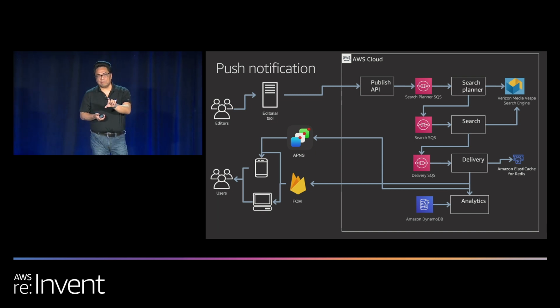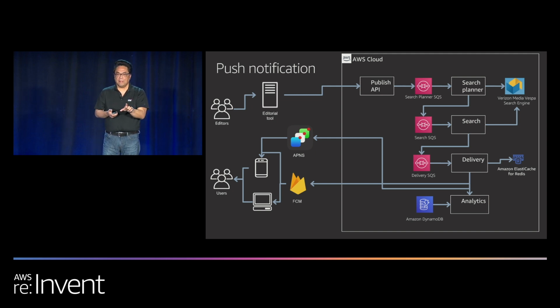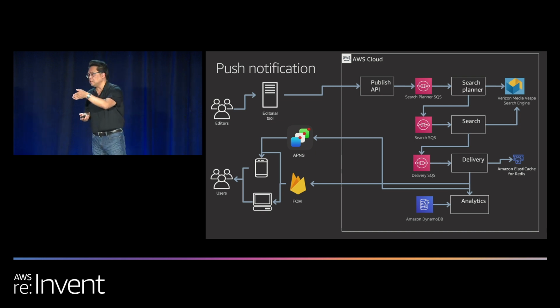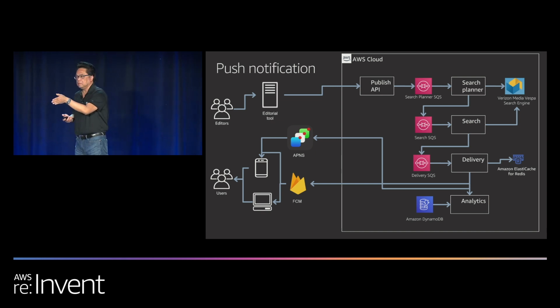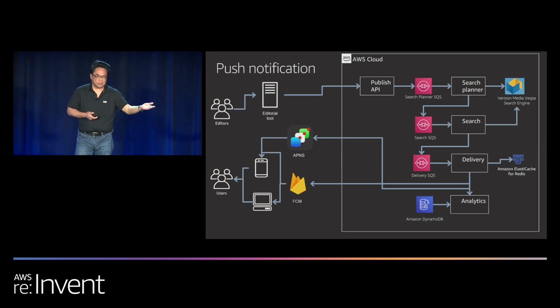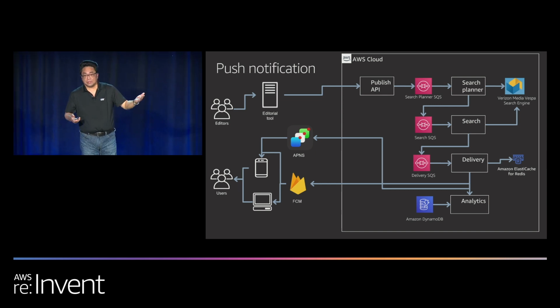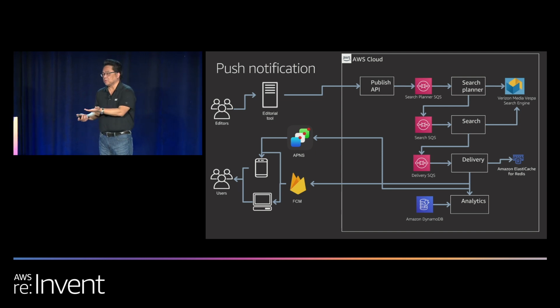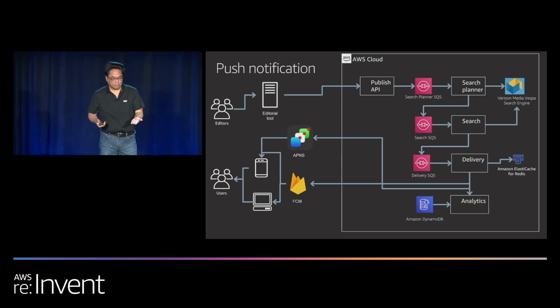The second key piece of information is the query section. This is the way by which the editor can specify, hey, I want to target this push notification to #breaking news, or to signed-in users, or to signed-up users, or to users that are subscribed to your favorite sports teams.